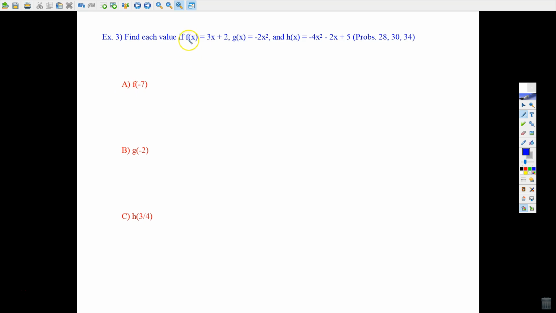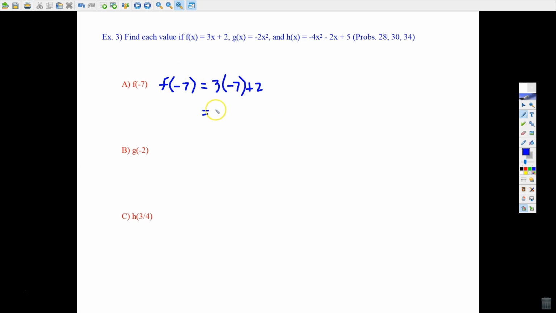So what I'm going to do is pick the f function, and in place of x, just like we've done here, in place of x in this function, I'm going to put -7. So this is like we did with function cornhole. This was the number on the beanbag, and now we take that number and we plug it in, we input it, and see what comes out as the output.